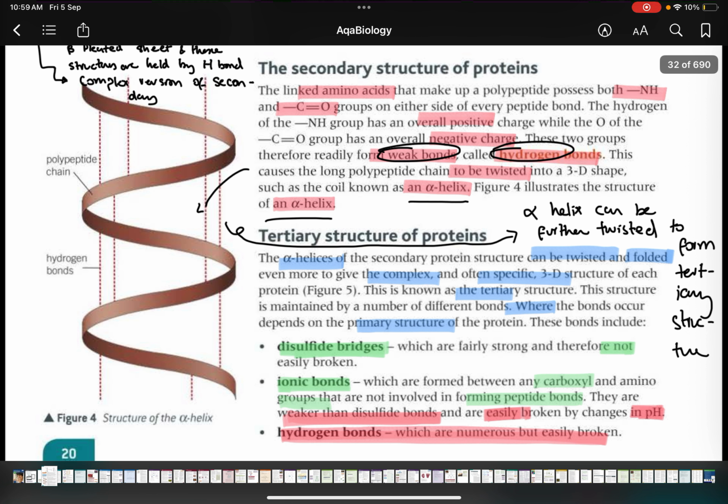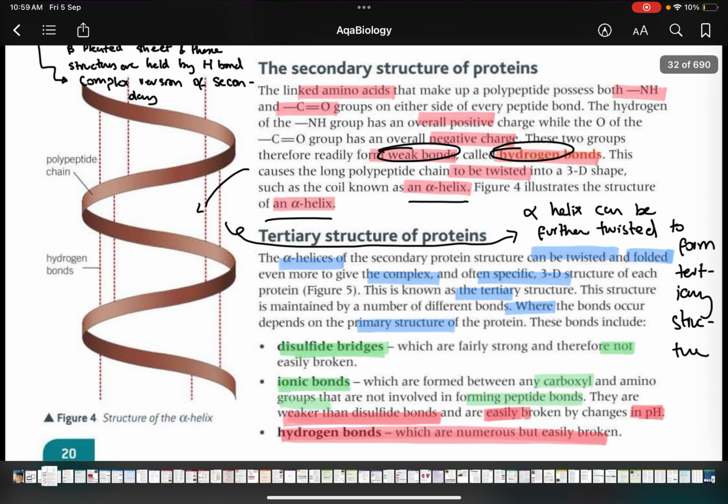So once again, for our secondary structure, we have our H on the NH group, and that has a slight positive charge, and then we have our O on the CO group, that has a slight negative charge.